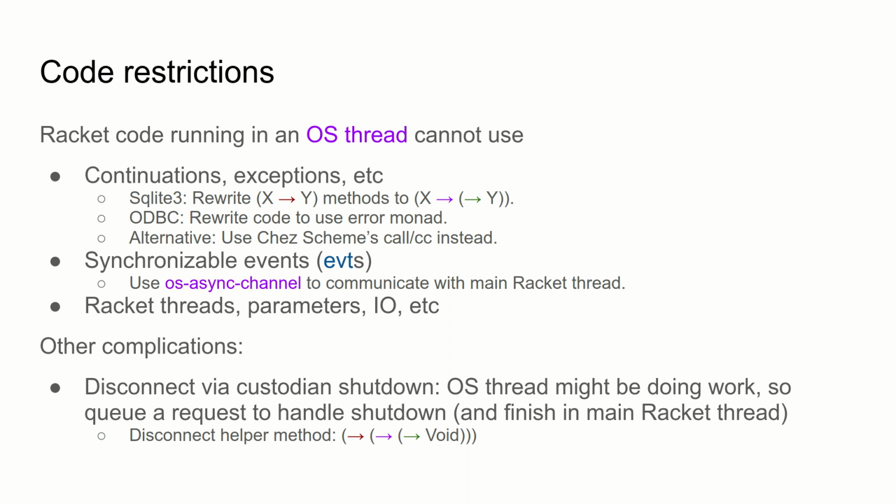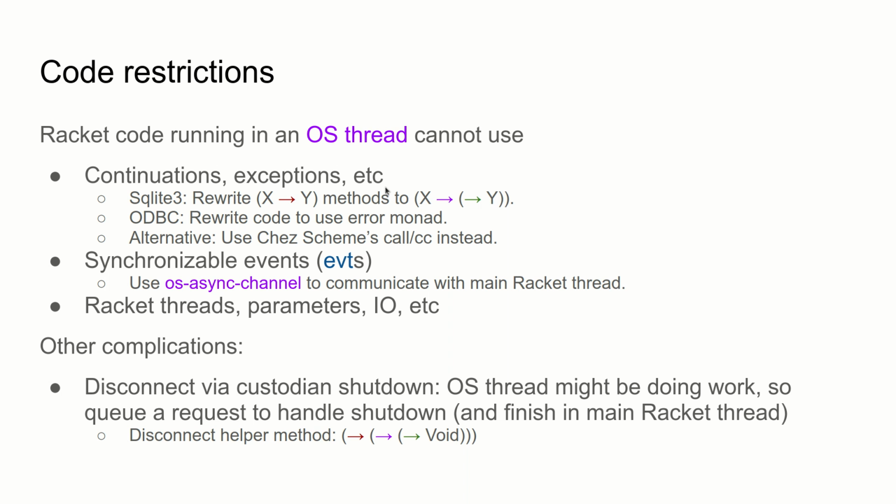It can't use synchronizable events, including channels for communication. It can't use Racket threads or parameters, it can't perform I/O, and so on. And the solutions to these are relatively straightforward, but involve touching a lot of code.